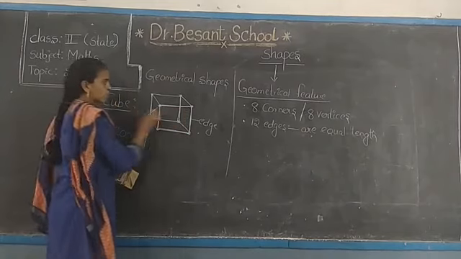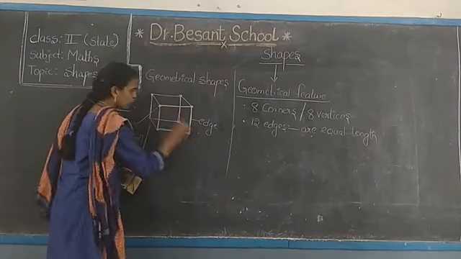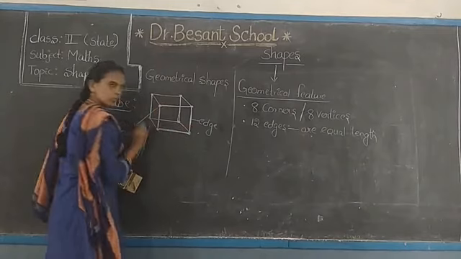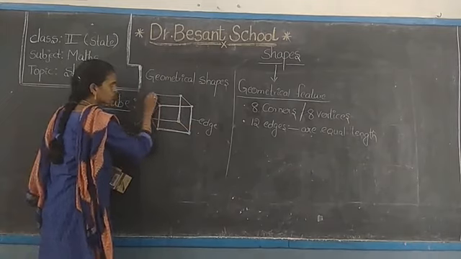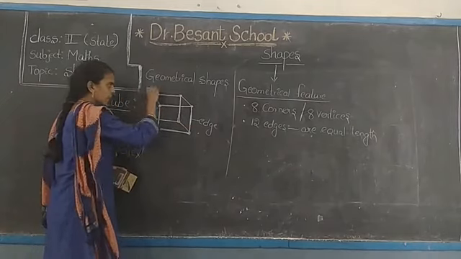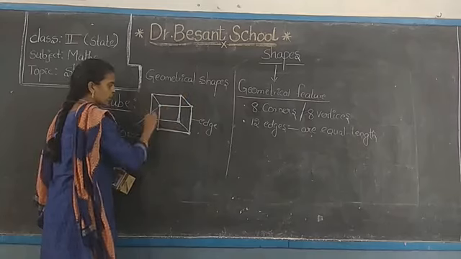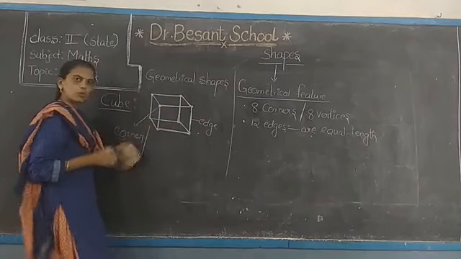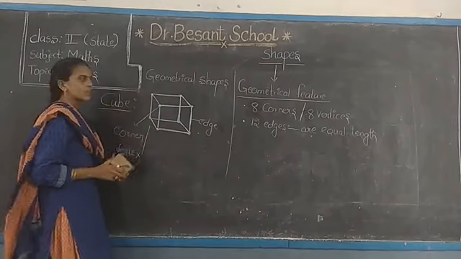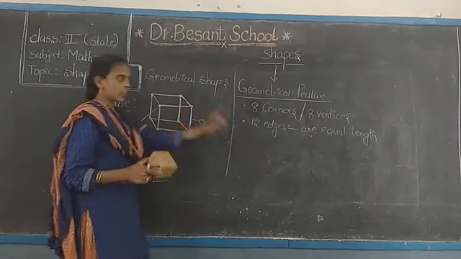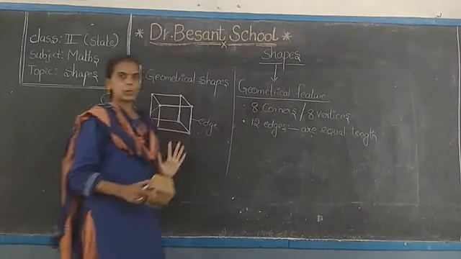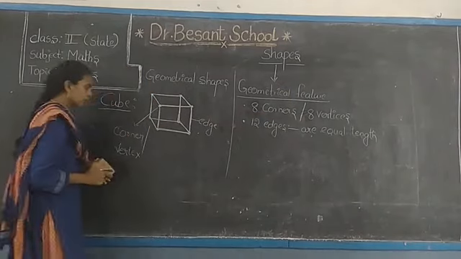Okay, children. So 1, 2, 3, 4, 5, 6, 7, 8, 9, 10, 11, 12. So total how many edges does a cube have? 12 edges. Those edges are of equal length. Okay.